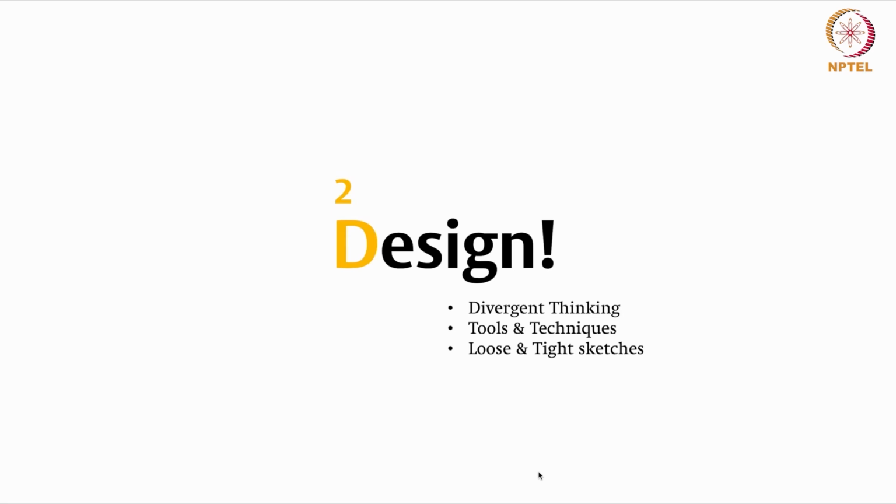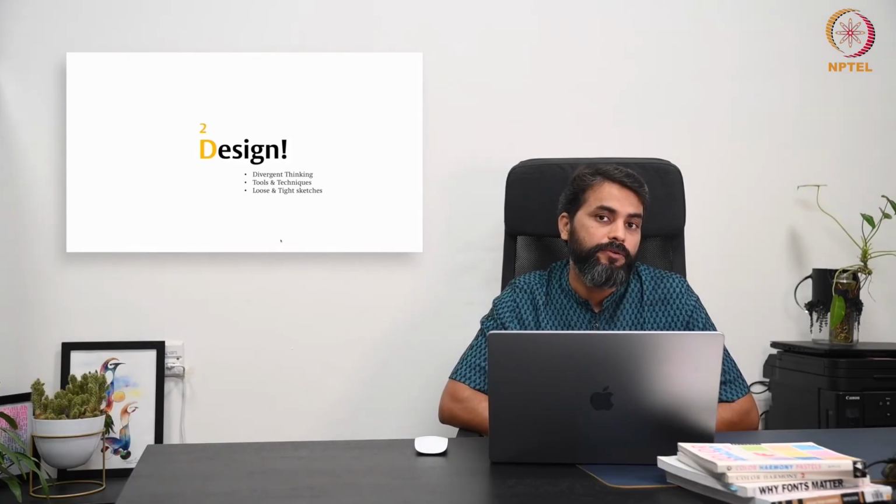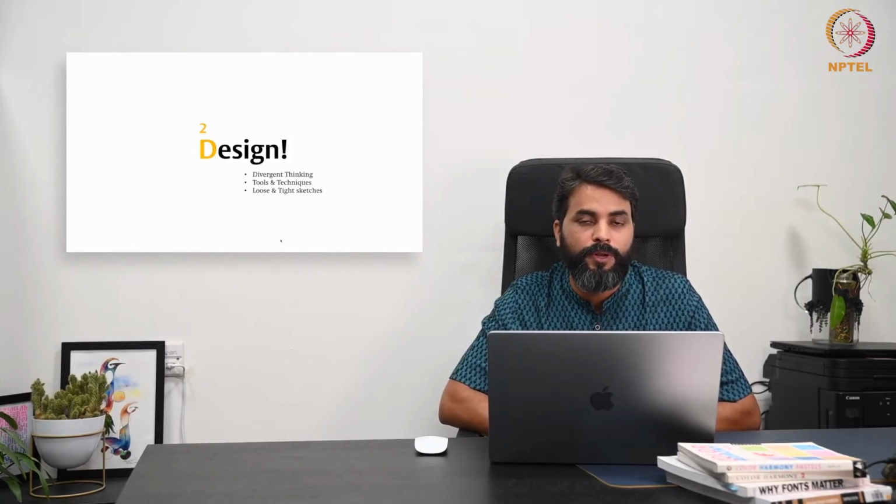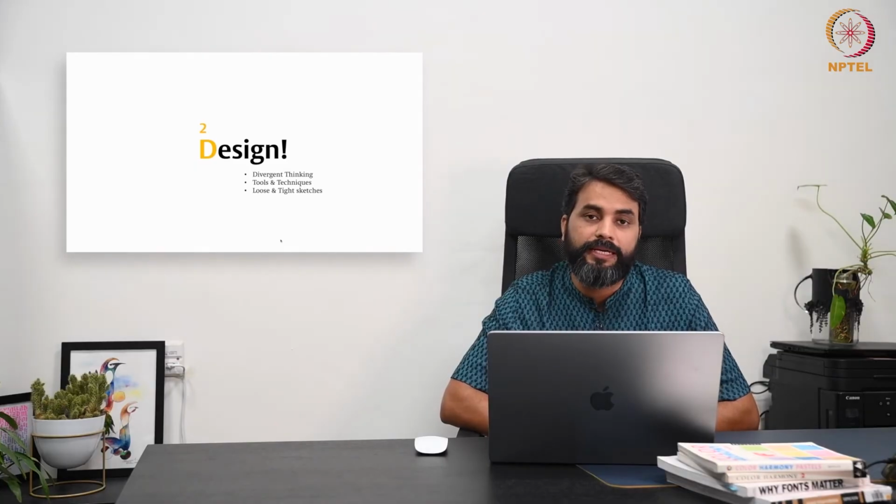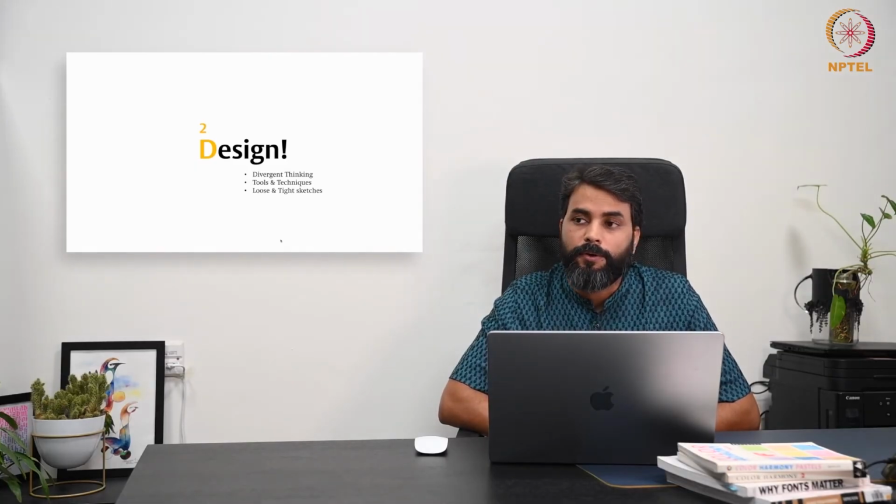So once you understand the tools and techniques, you start creating loose sketches and ideations. Those ideations are not focused on one path, but are about creating ideas in multiple ways, right? So that it will be very exhaustive in terms of solving the design problem.